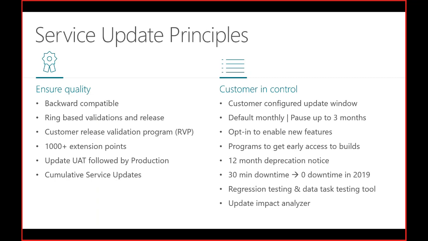The regression test tool is available for your business users in order to be able to record a business process and then play that back in an automated fashion. The data task testing tool has a ton of capability, but one of the capabilities for that tool is to also help testing with integrations. And then the last one that we have is the Update Impact Analyzer. And this allows you to look at how does a particular update impact your environment.